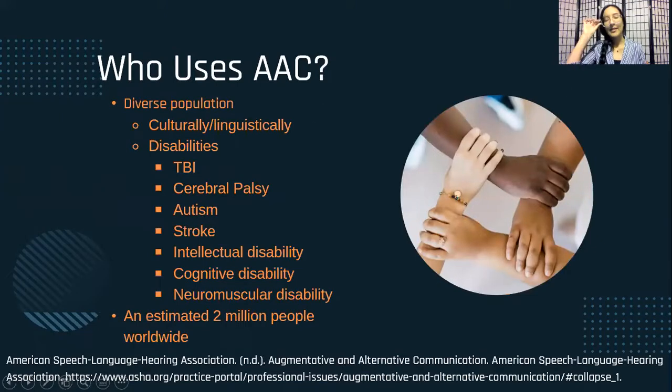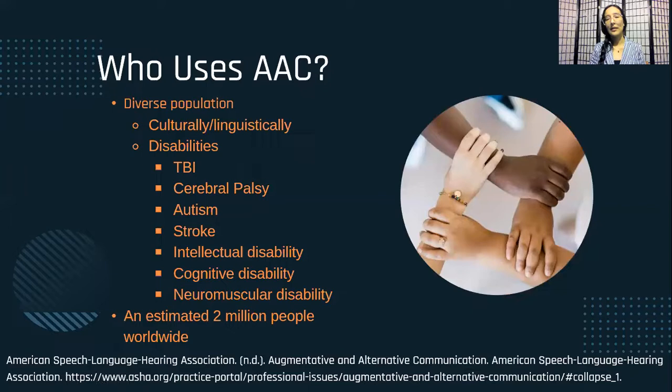I'd also like to provide some information about who uses AAC. First of all, I like to point out that it is a diverse population in terms of cultural background, linguistic background, and disability background, so we really can't generalize AAC users.